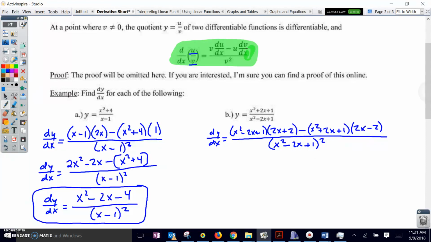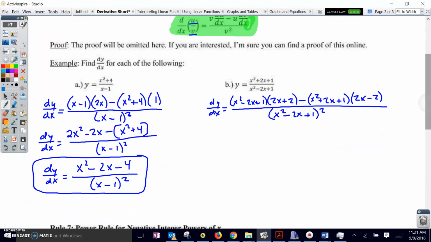Alright, now I need to simplify my numerator here. And this is going to get a little bit ugly for us, a lot of terms, a lot of opportunity for us to make mistakes. So you've got to be really careful in this simplification.